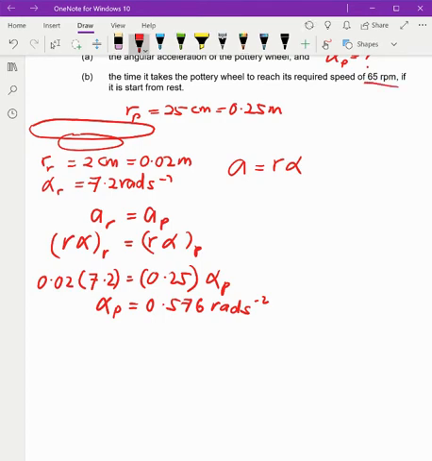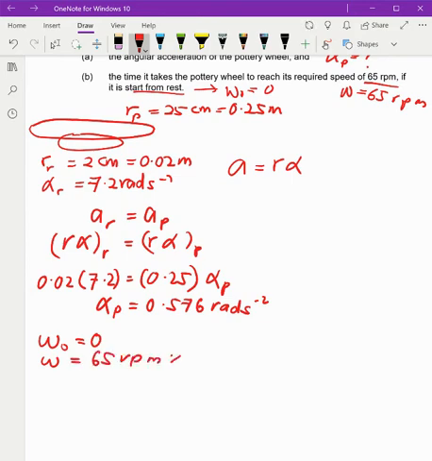So it's given that omega equals 65 rpm, and it starts from rest, which means that omega naught equals 0. So copy the information: omega naught equals 0, omega equals 65 rpm times 2 pi over 60.